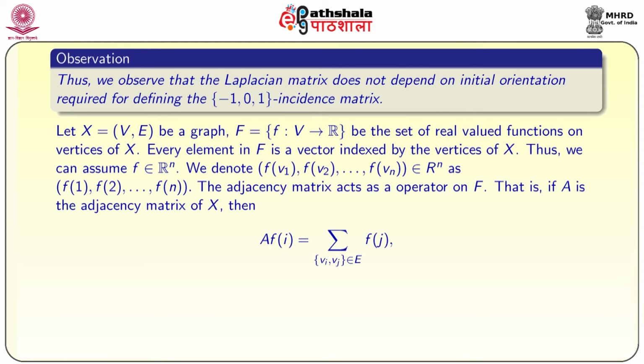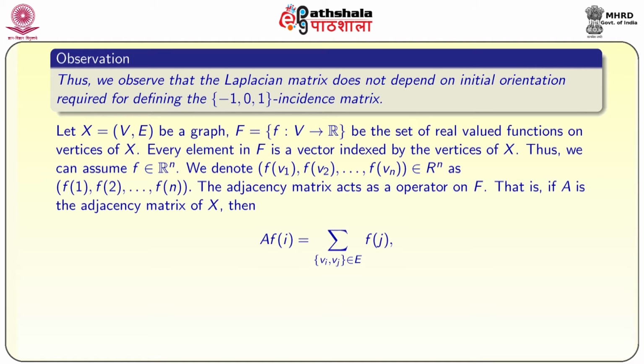Thus, the adjacency matrix acts as an operator on f, that is, if A is the adjacency matrix of X, then we have (Af)(i) equal to the summation over (vi, vj) belonging to the edge set of f(j). This is easy to verify.